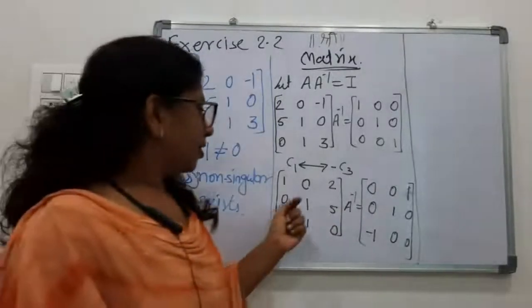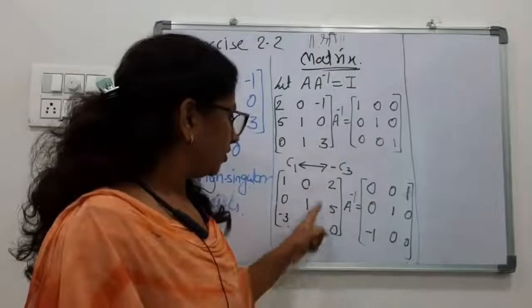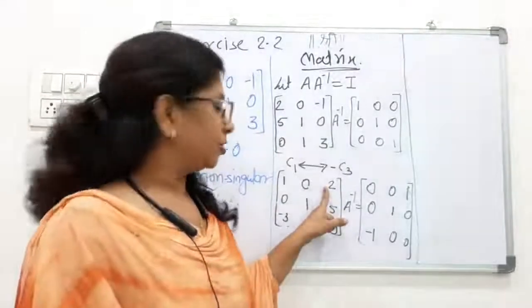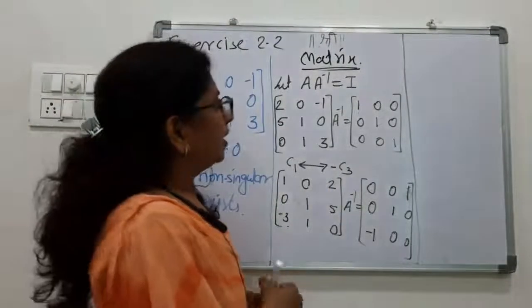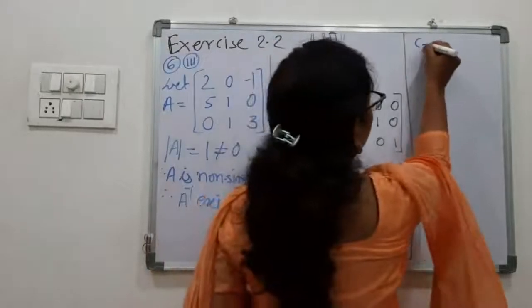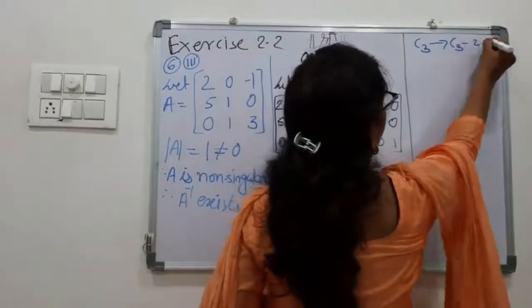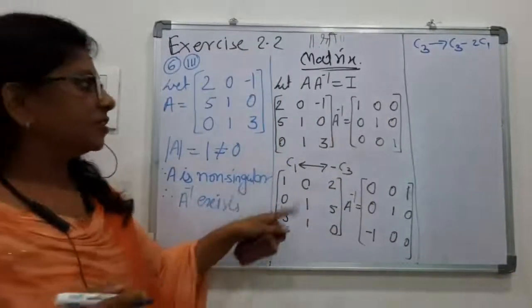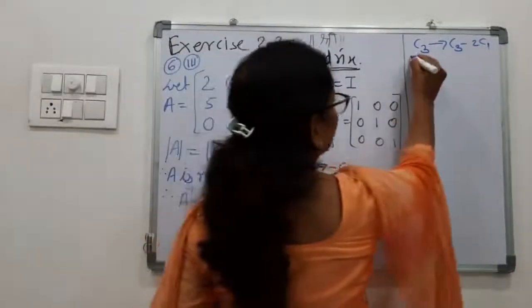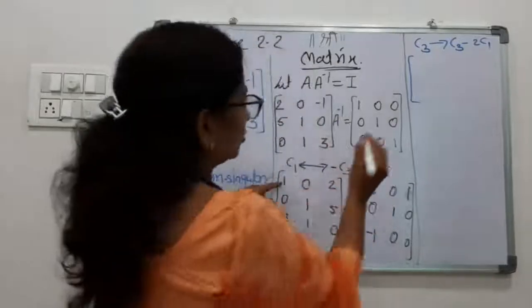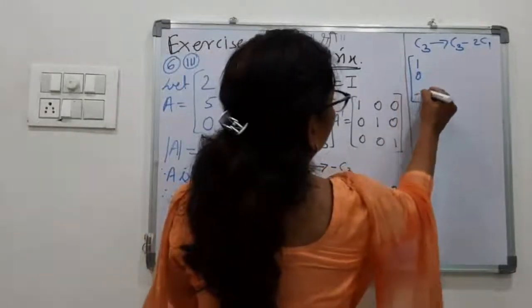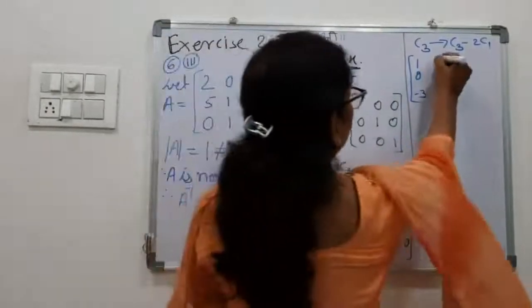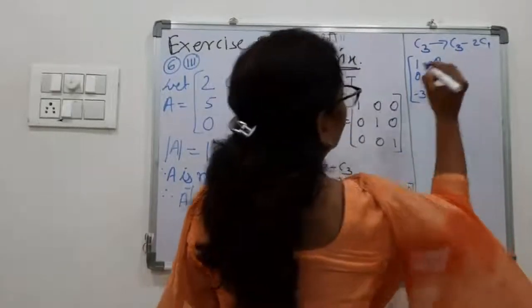Okay. Now we have to bring 0 here in this C3. So we will apply the transformation: C3 will change to C3 minus 2C1. Now is there any change on C1 and C2? No. So write them as they are. So what is C1? 1, 0, minus 3. 0, 1, 1.